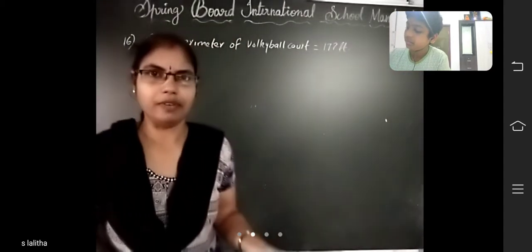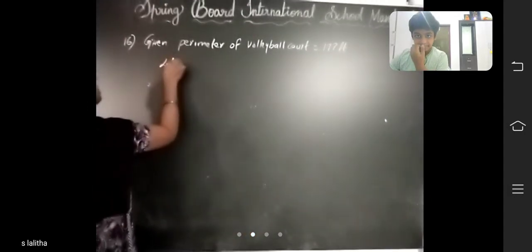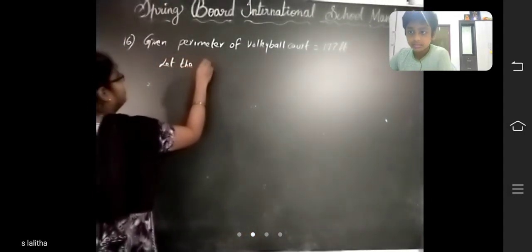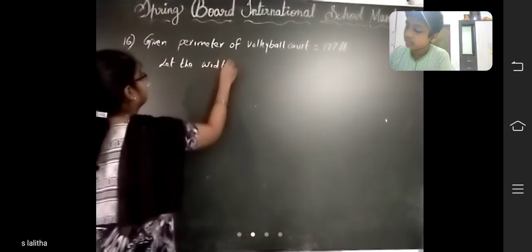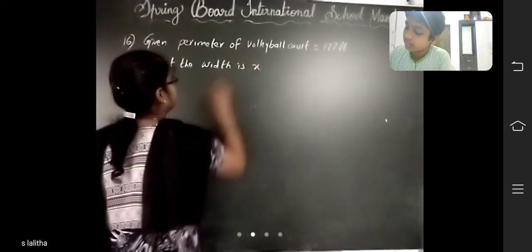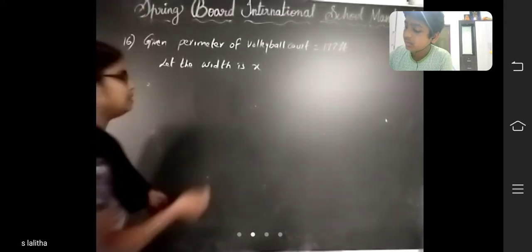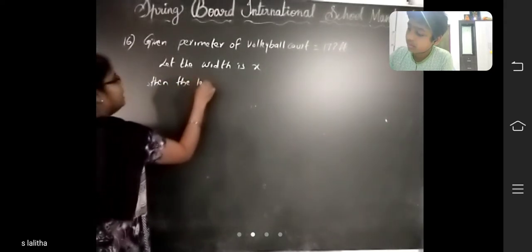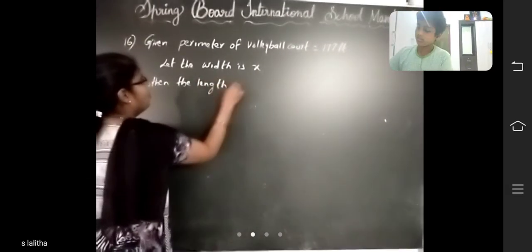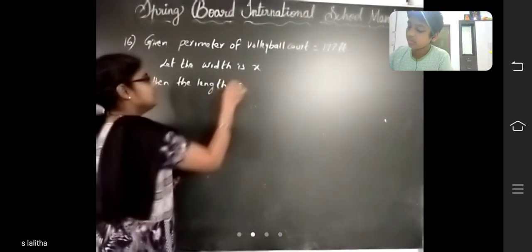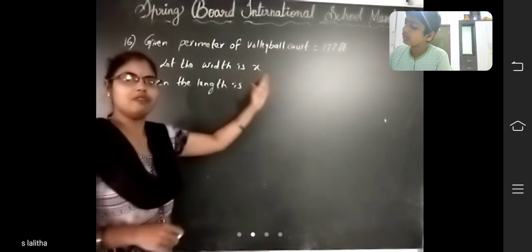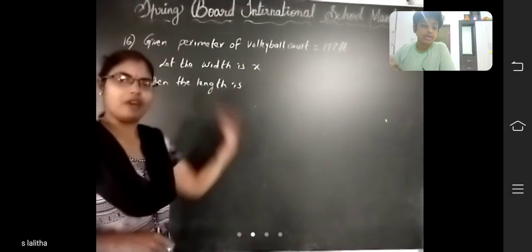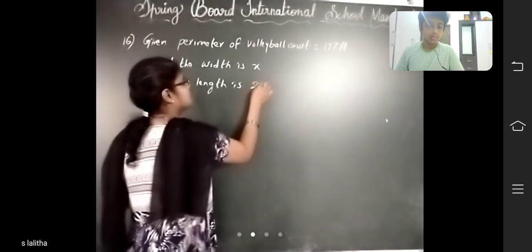But we don't know the width. So let the width be x. Then the length is twice its width. The width we have taken as x, so twice means 2x.